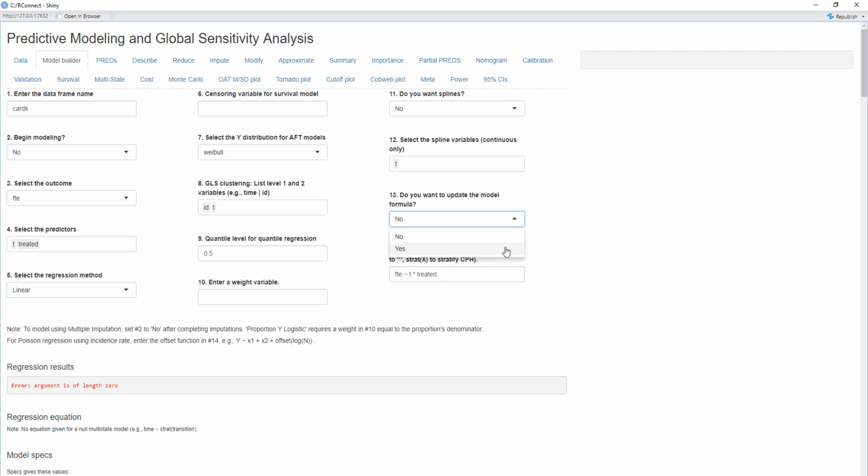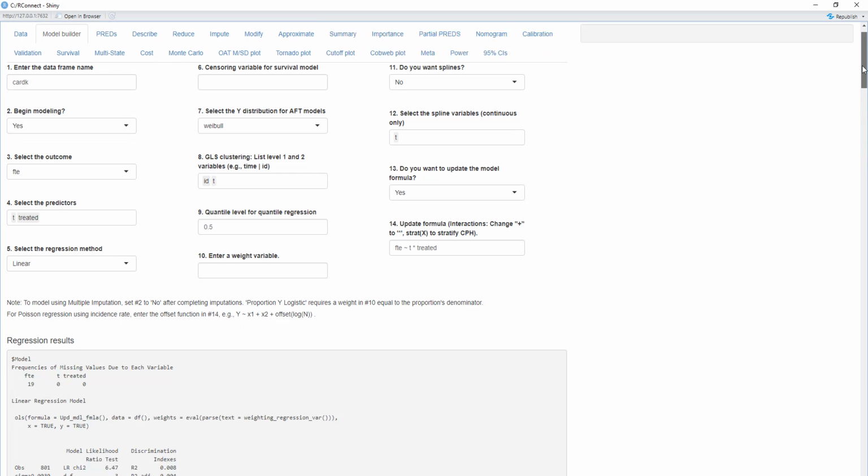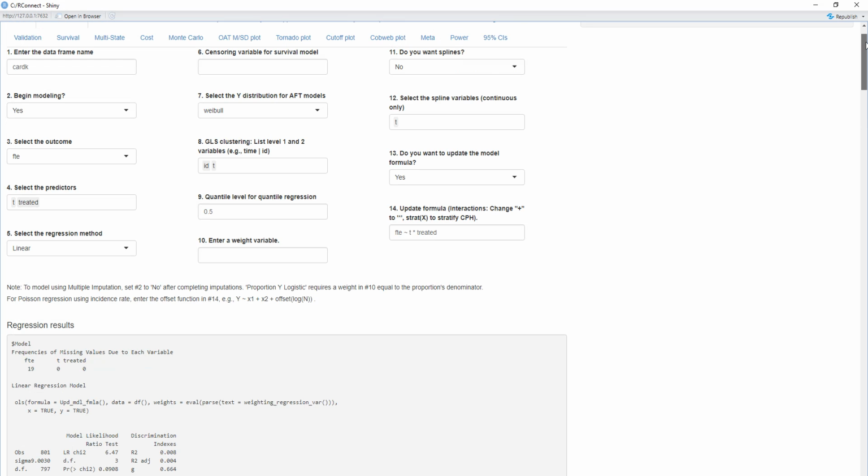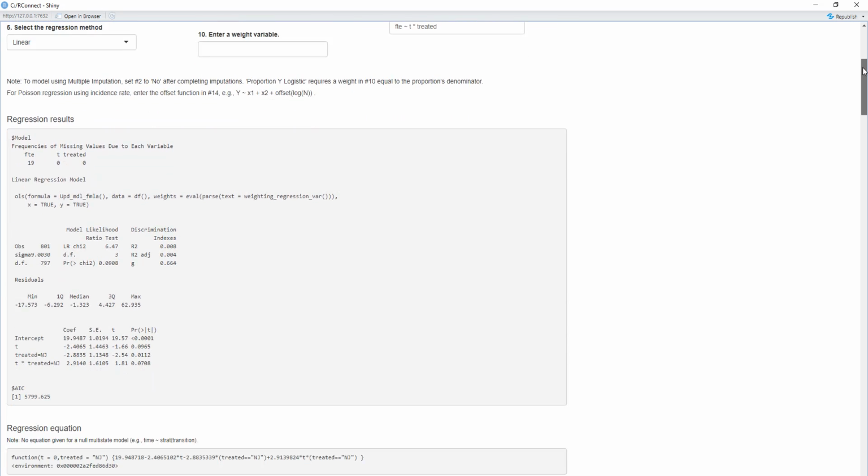I'm going to turn number 13 to yes. I'm going to go back and I'm going to run the model. And then from that, we can see that we have the same model results.